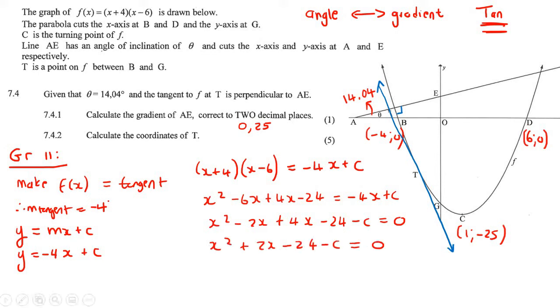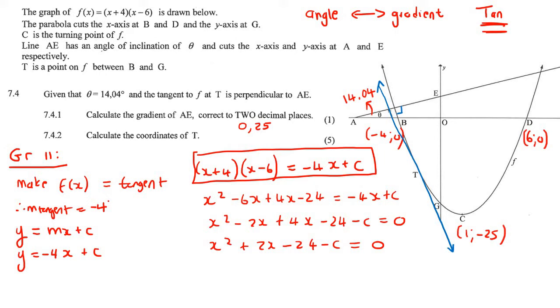Now, when I solve this equation, that is going to tell me all the different places where the tangent is touching the parabola. Why? Because I made them equal to each other. Remember that. I'm trying to see where the parabola is equal to the tangent.